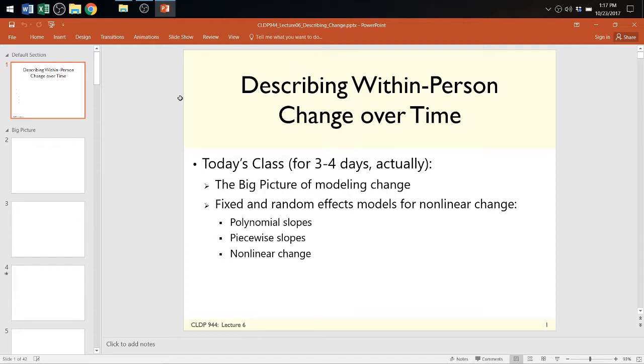So the first question then was asking about whether people needed their own effective time. So the models to be compared would each have a fixed intercept, fixed linear time slope.